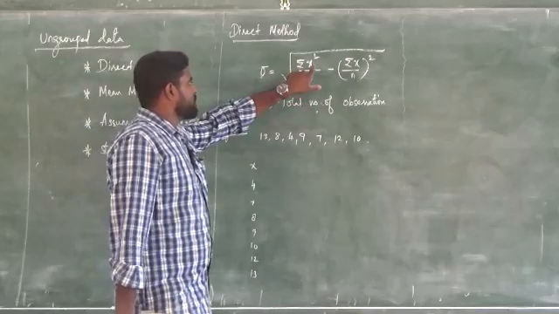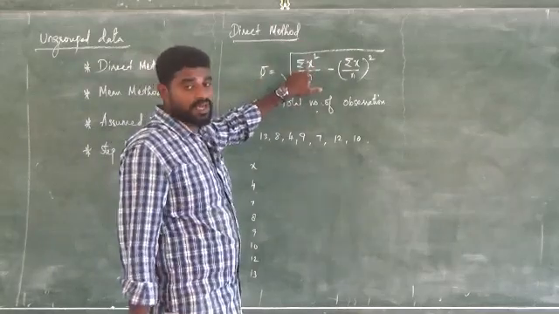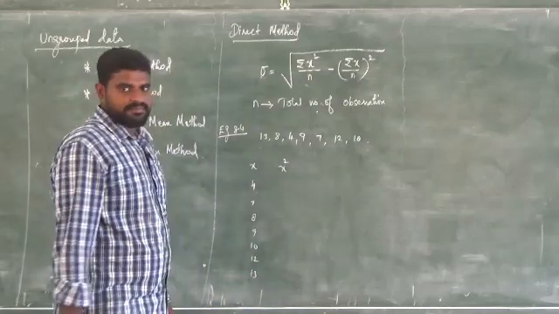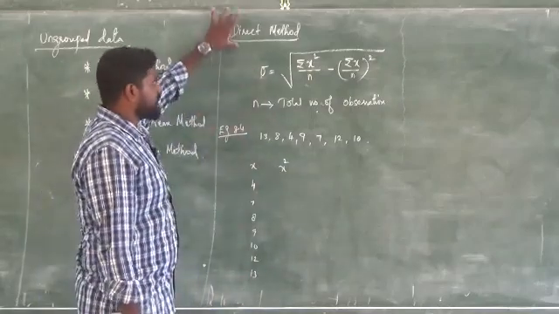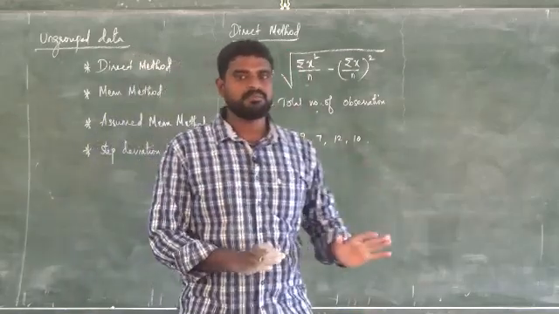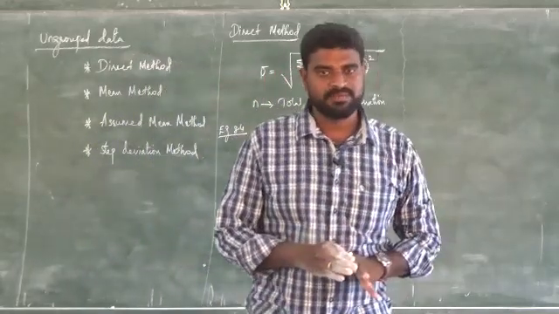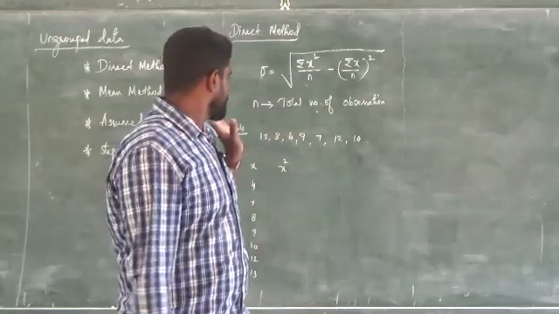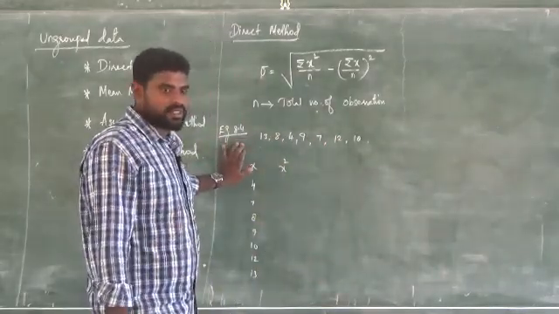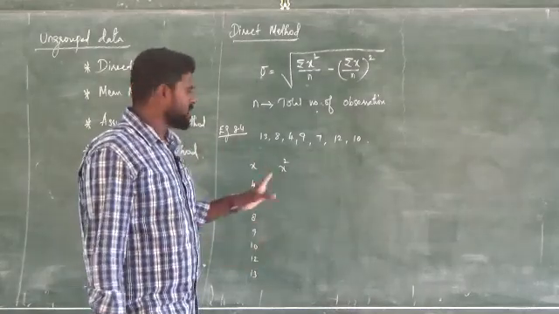But in the formula we need to find x square also. If you are going to use the direct method, the data must be easy to square. If you know how to square the numbers easily, you can use the direct method.